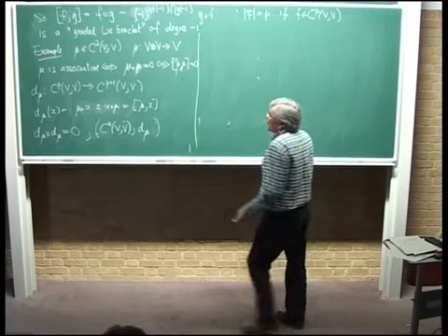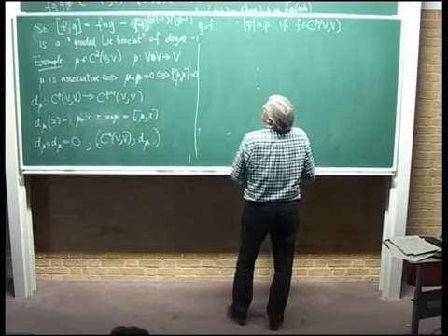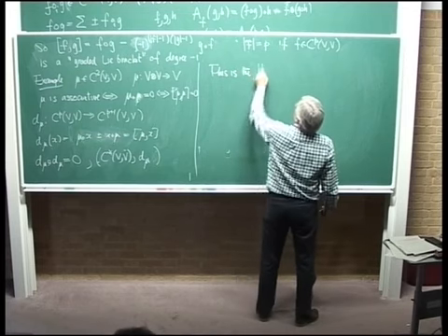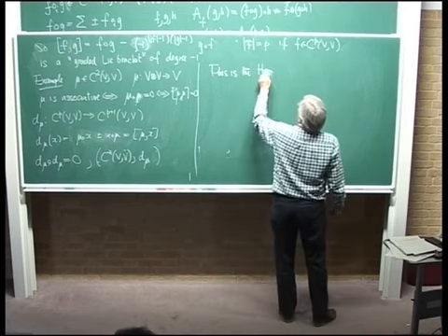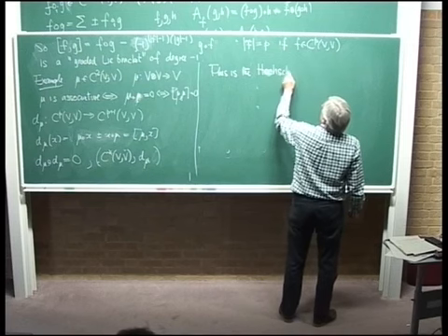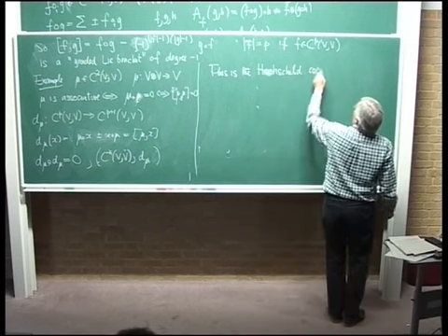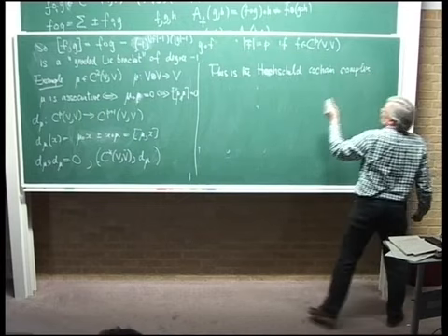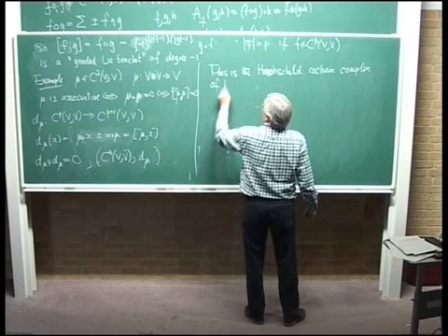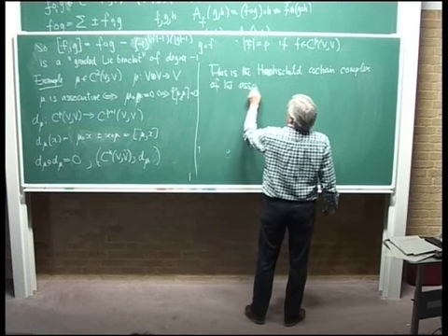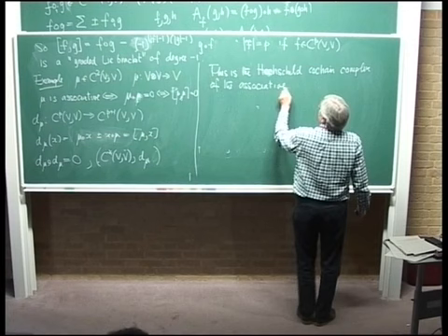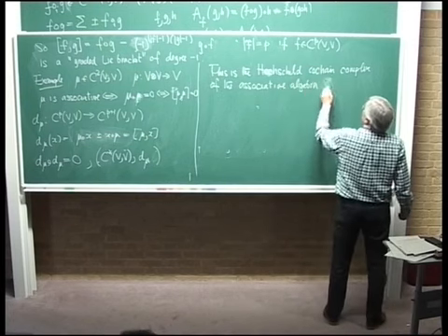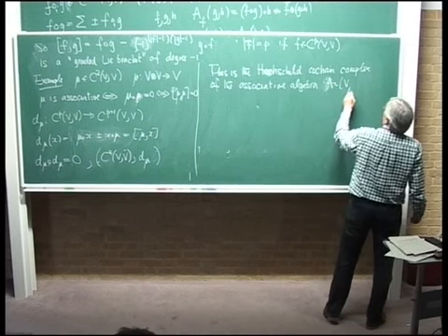Now of course, this is the Hochschild complex of the associative algebra A, which is just V with the product mu.